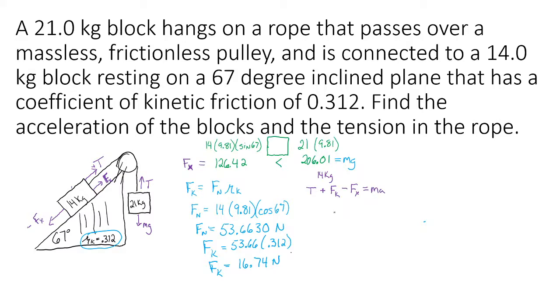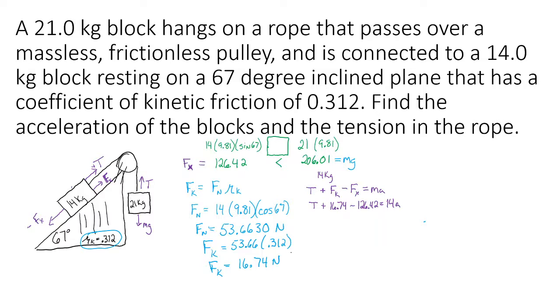Newton's second law says the sum of the forces in any direction is equal to mass times acceleration. So I'm going to have tension plus, we found out Fk is 16.74, and then Fx, which is heading to the left and down, so either way we look at it, it's going to be negative, 126.42 equals mass, which is 14 times acceleration. All right, that ends up giving me a value I can solve for T.